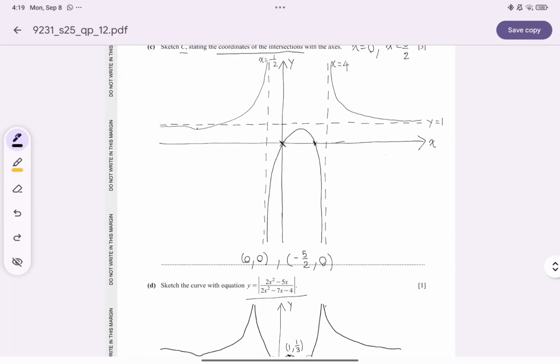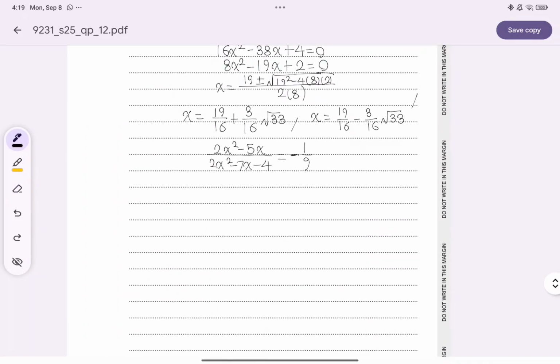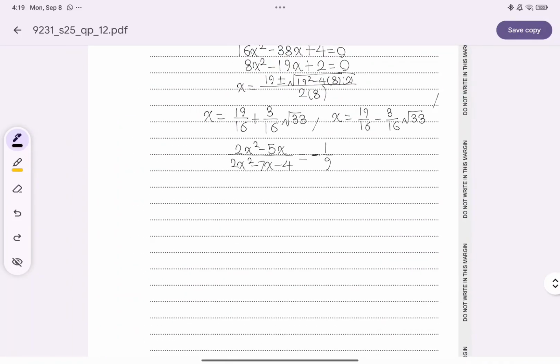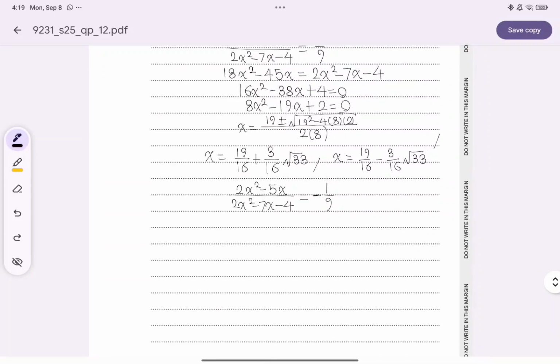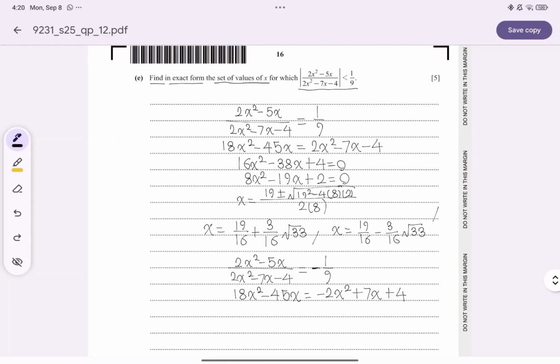To find that, we equate it to minus 1 over 9. So this gives us 18x squared minus 45x equals 2 minus 2x squared plus 7x plus 4.